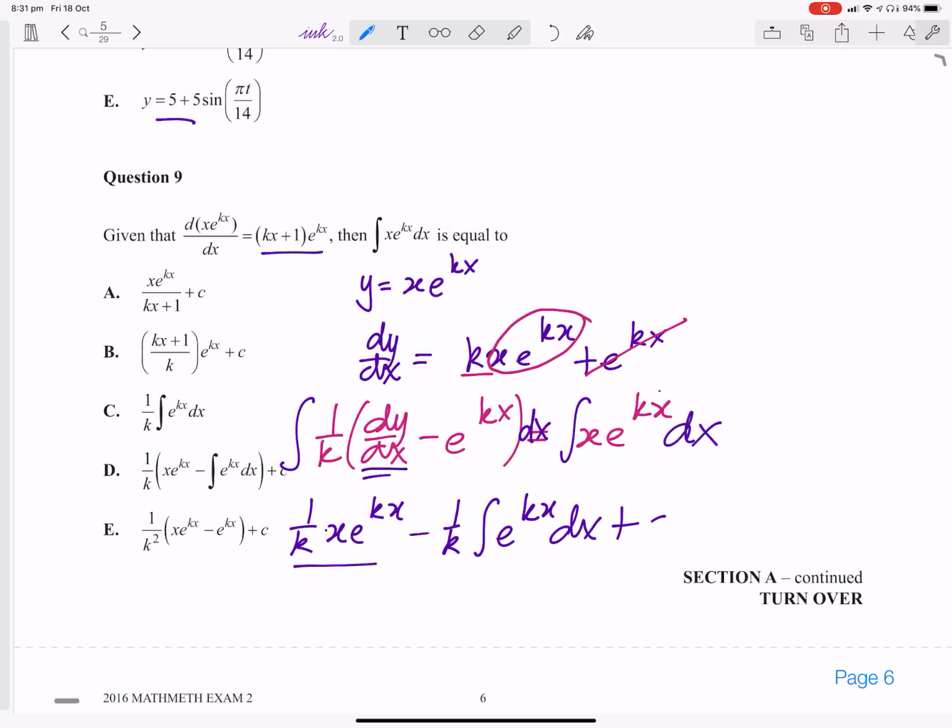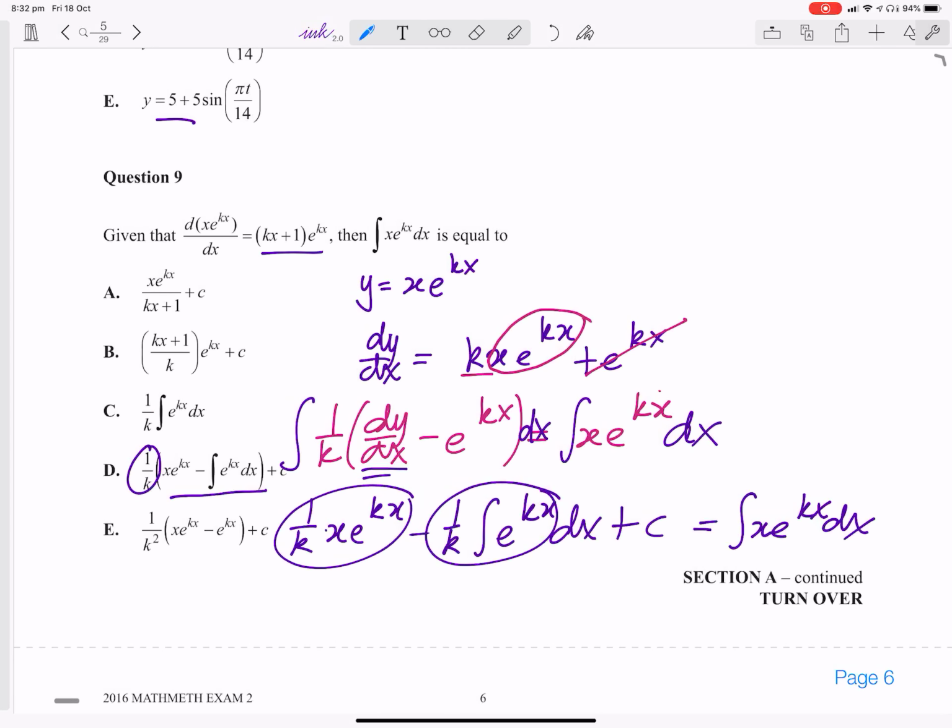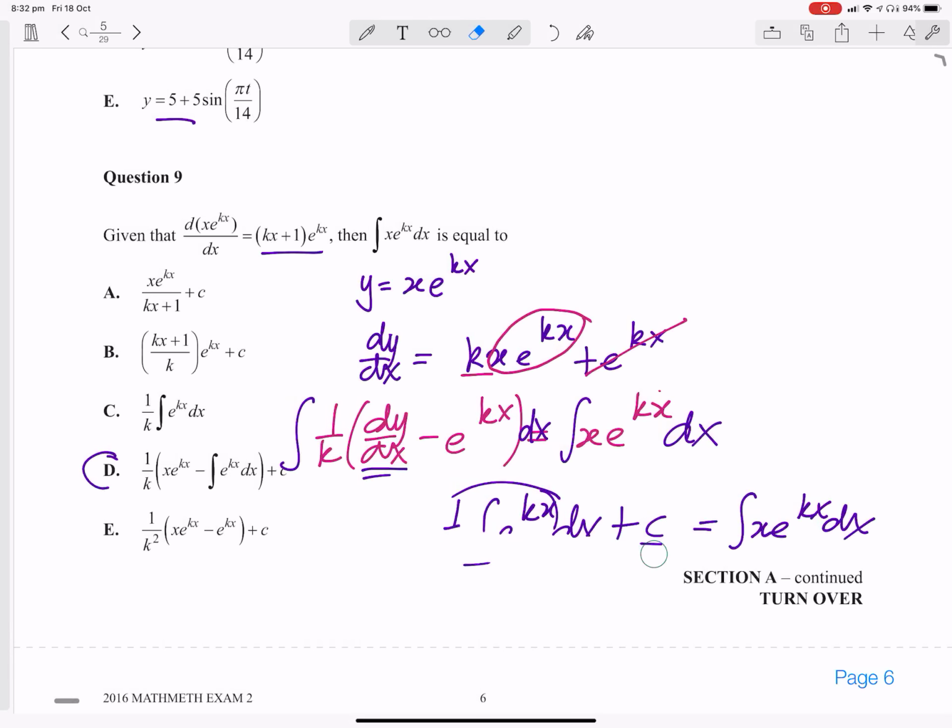Because we've integrated that, we can put a plus c, and that equals that integral x e to the kx dx. So let's have a look. They're the same, and then our plus c. So our answer is D. It's not something you can really do on your calculator. You've got to do it by recognition and by hand.